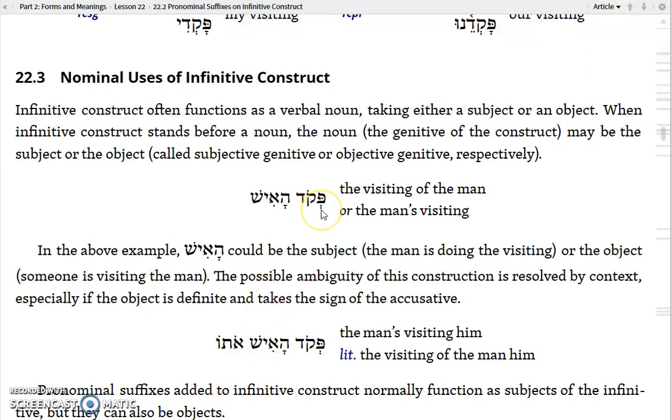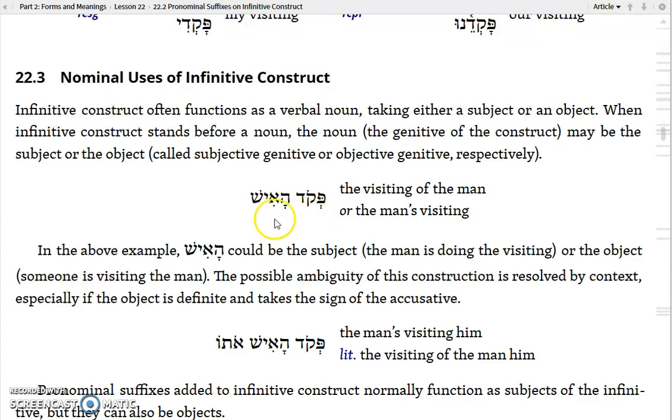So here you have the expression pakod ha'ish, the visiting of the man, or it could be the appointing of the man. Different glosses for pakod. But it could mean the man's visiting in the sense that the man is visiting, or it could mean even visiting the man, although you would expect a direct object marker possibly in that case.